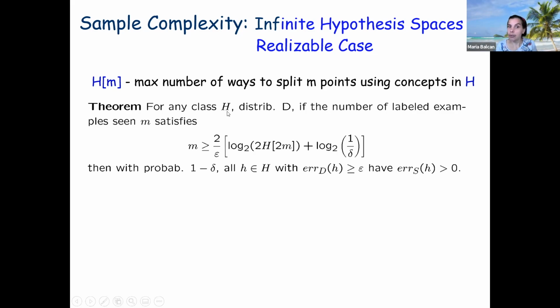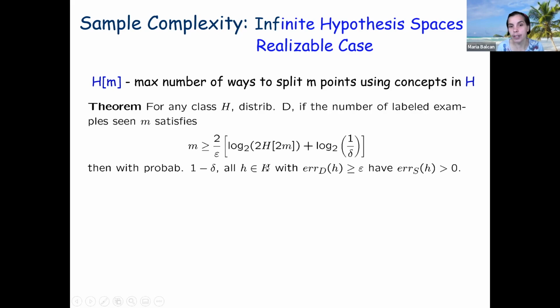For any hypothesis class H, for any distribution D, for any target function c star, if the number of labeled examples we see in the training phase satisfies this inequality, m is greater than, roughly speaking, 1 over epsilon times log of the shattering coefficient at level 2m plus log 1 over delta, then that's sufficient so that with high probability, uniformly for all classifiers, if they are bad classifiers, then their empirical error rate will be strictly greater than 0.